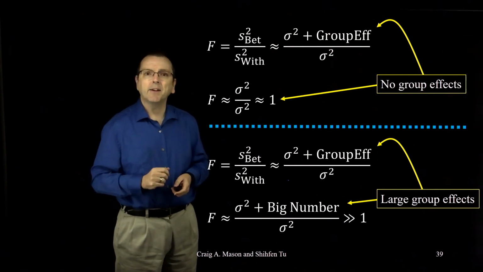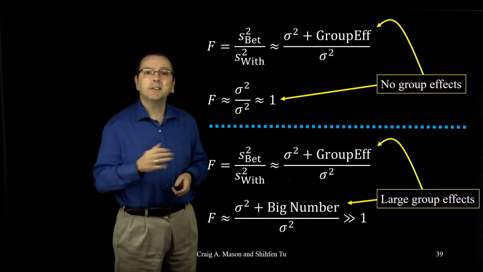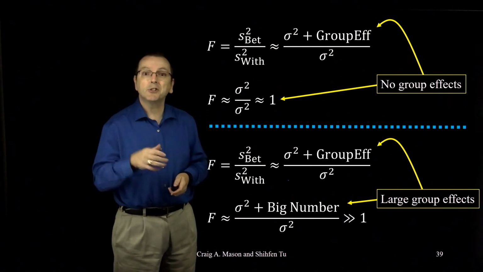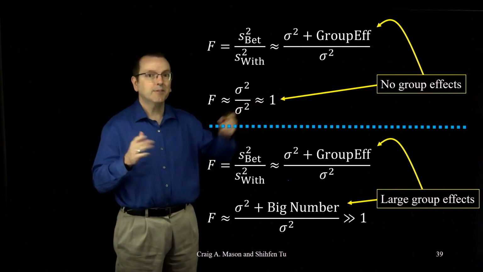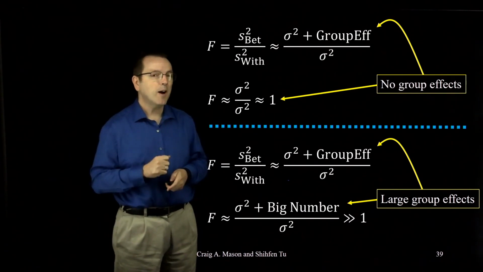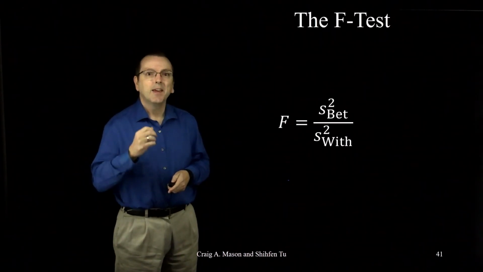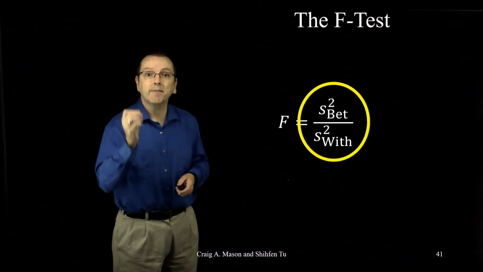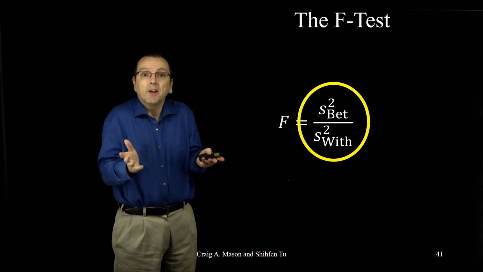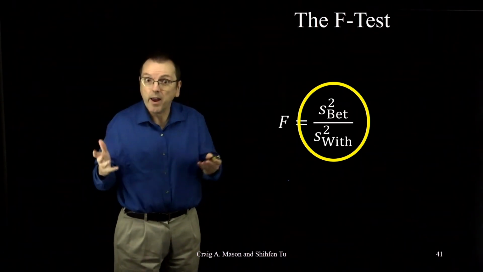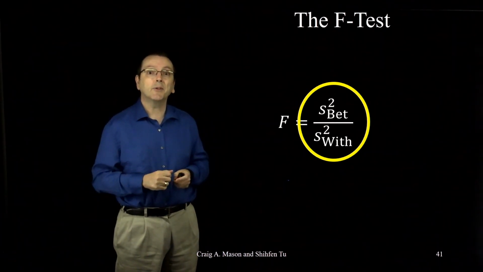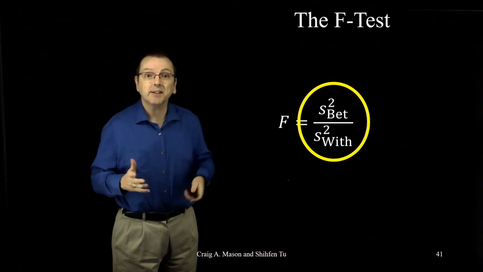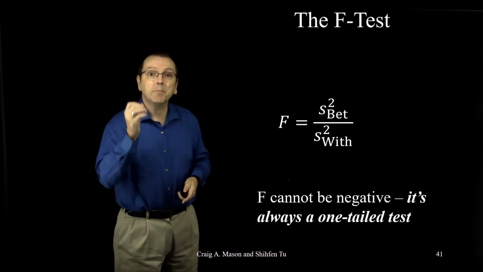Also, if you think about it, you may recognize that F is never a negative number. It always ranges from 0 to positive infinity. Do you see why? It's because both the numerator and denominator are based on squared values. Variances are squared values. They're the sum of squares divided by the corresponding degrees of freedom. Because they're squared values, they have to be positive, and thus F can only be positive.